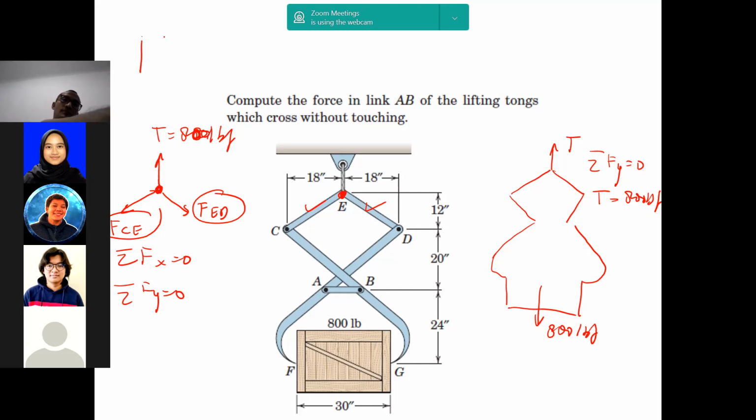If the box is like this, we have 800 lbf. What else do we have here? Maybe the reaction from F and G. Okay, you mean at point F and point G, right?